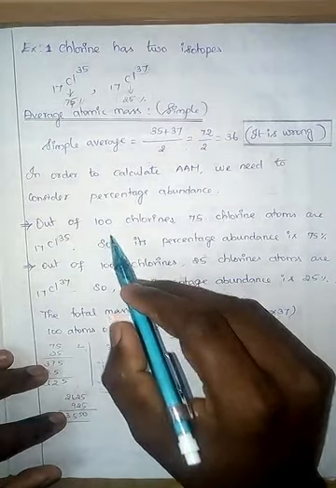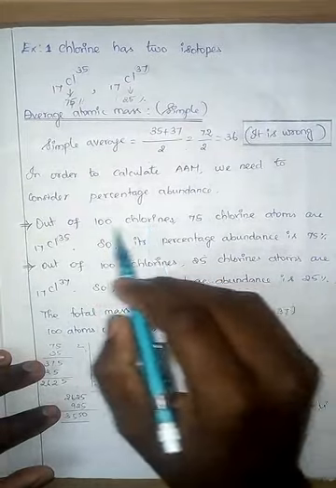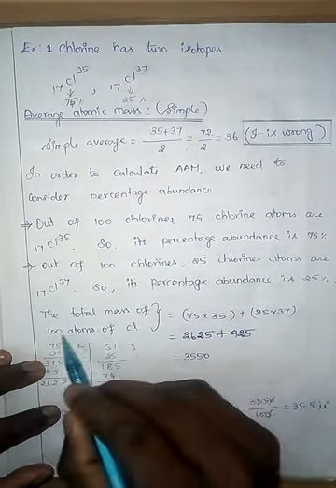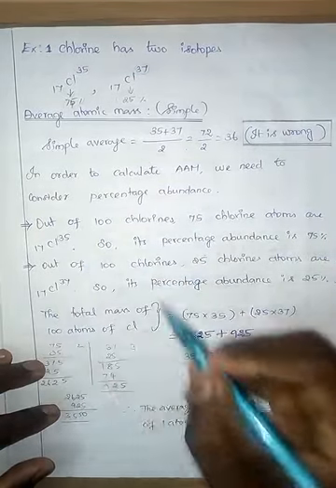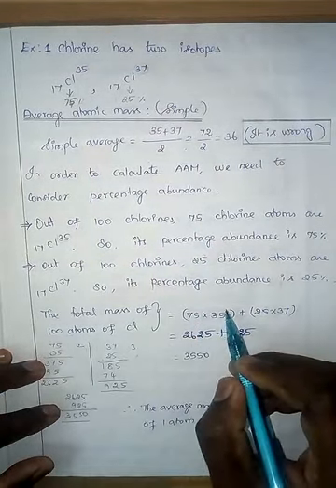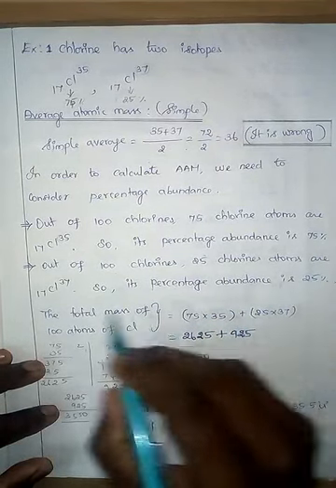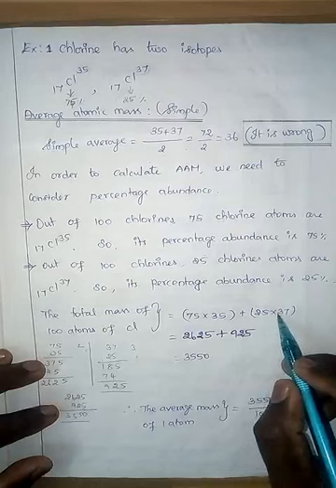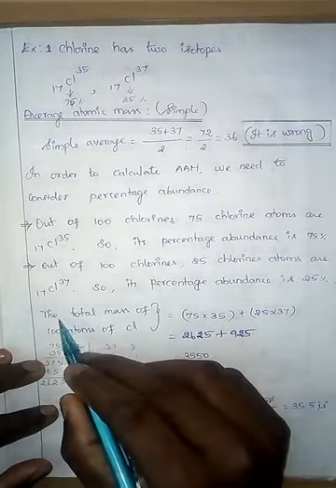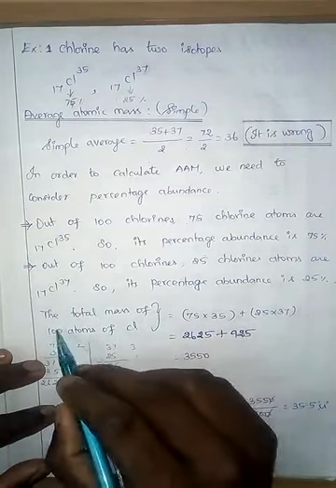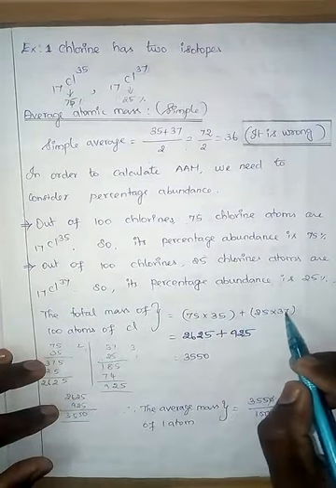Now I need to calculate the mass of 100 chlorines. The total mass of 100 atoms of chlorine: 75 have a mass of 35, so 75 into 35, plus the remaining 25 have a mass of 37, so 25 into 37. 75 plus 25 gives 100.